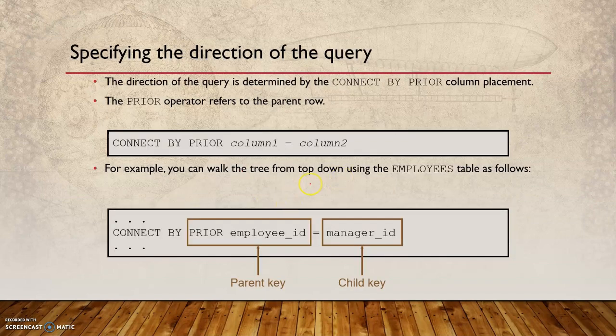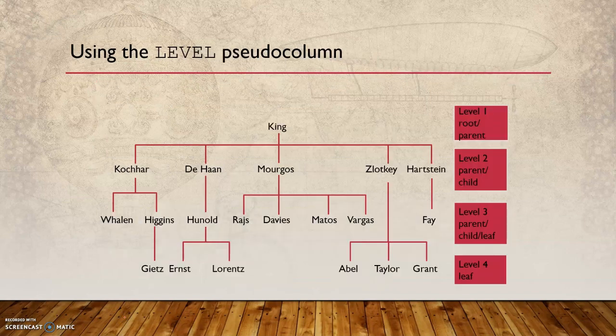In the top-down case, it is PRIOR employee ID to manager ID, and this provides the direction. You need to reverse it in case of bottom-up.